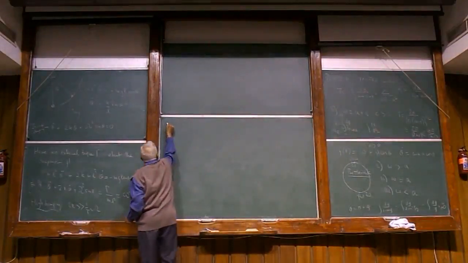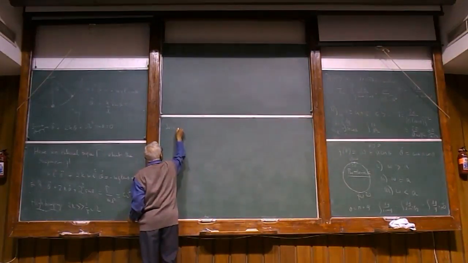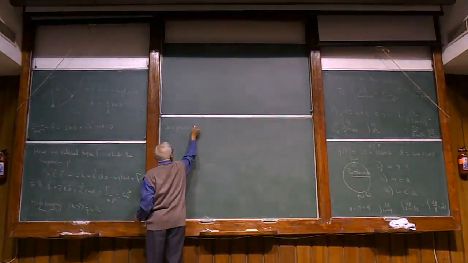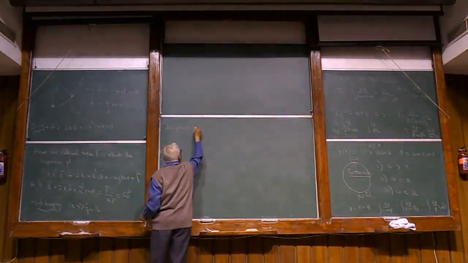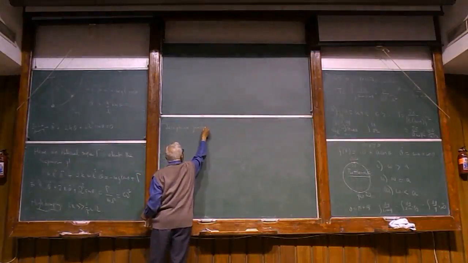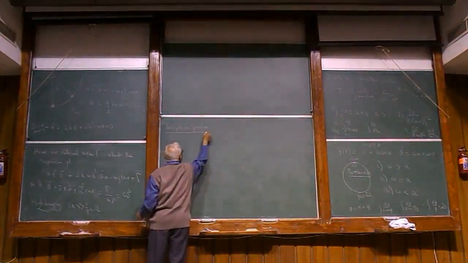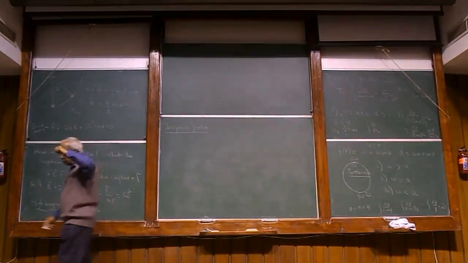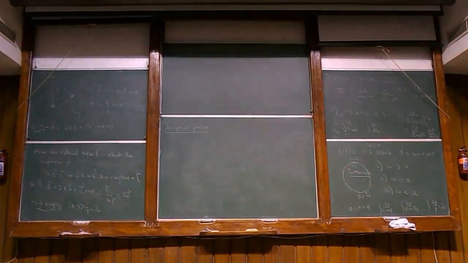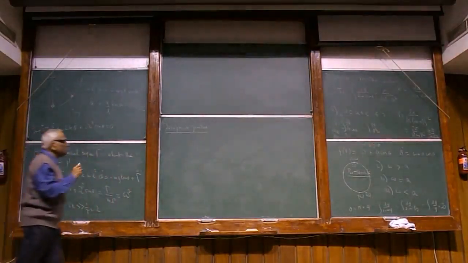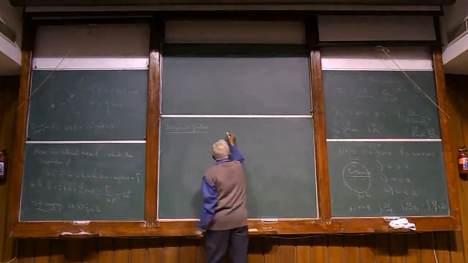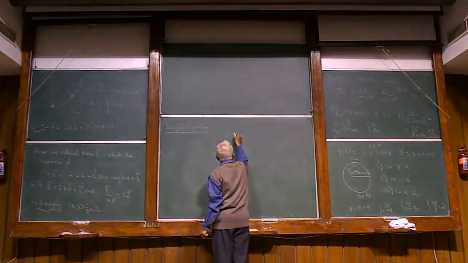So the next thing I want to do is talk about a Josephson junction in reasonably heuristic terms. So the first thing I need to have is something called a superconductor.